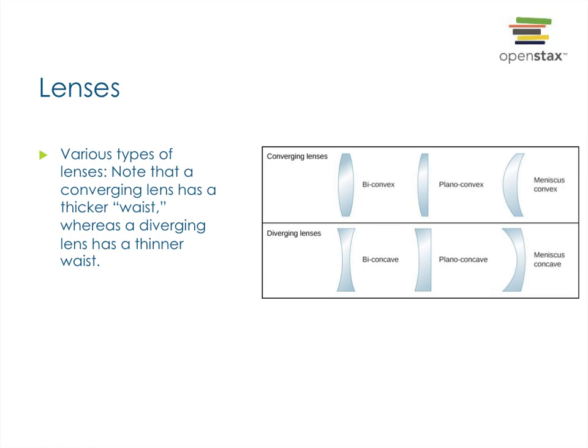And they also have diverging lenses, which will actually disperse the light rays, and, you might be thinking, will form virtual images. One of the ways that you can tell whether a lens is converging or diverging is that converging lenses tend to be thicker in the middle, and diverging lenses tend to have a thinner middle compared to the edges.